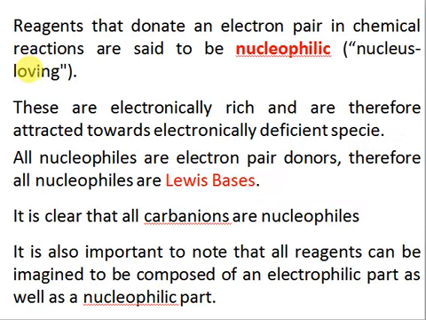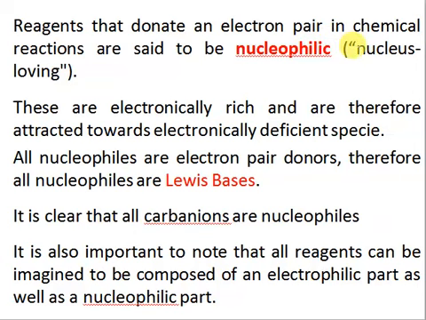Now we have reagents that are capable of donating an electron pair. Whenever you see a reagent that has an electron pair or can donate an electron pair, just remember that it is electronically rich, and such a species is known as a nucleophile. Nucleo means nucleus and phile means loving.